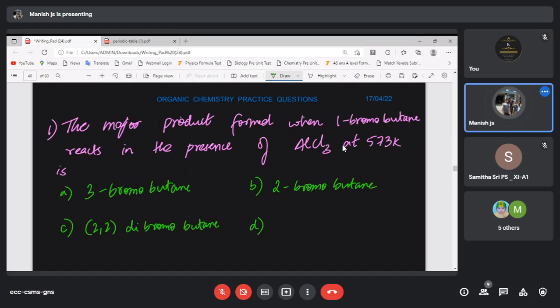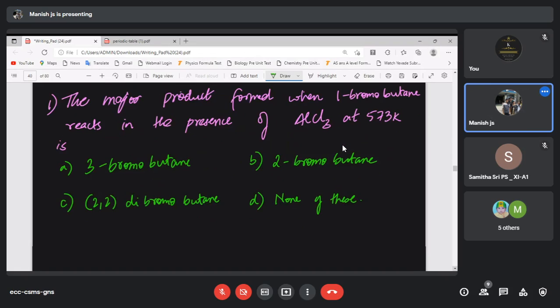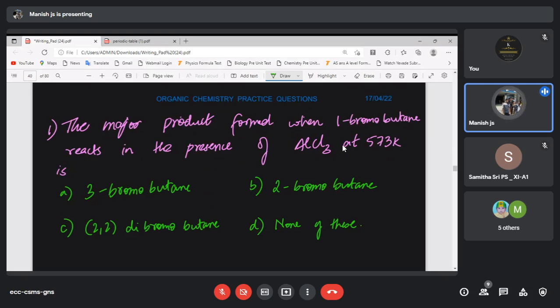And option D, none of these. You can just try this question. First write down your reactant, then put a reaction arrow. Let me see who can get this answer. What will happen if 1-bromobutane is reacting in the presence of aluminium trichloride at 573 Kelvin? This is the question.